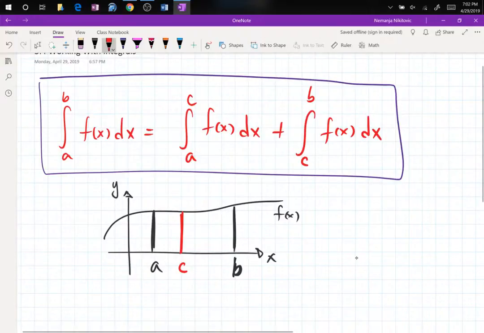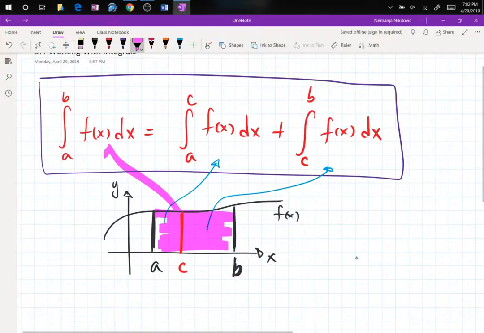So AC goes here and CB goes there. And when you add them, you get the total area. Do we all see that? So the total area is that one right there.